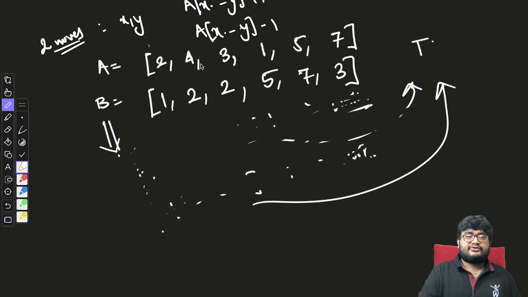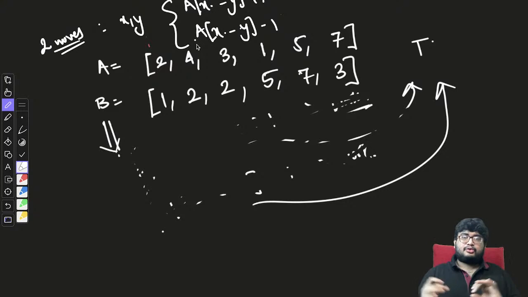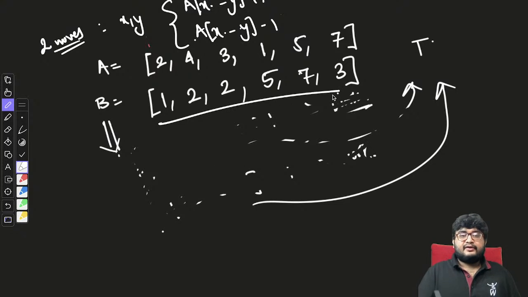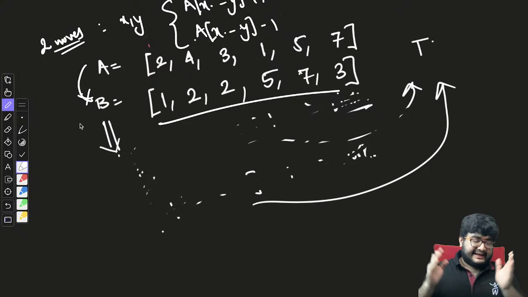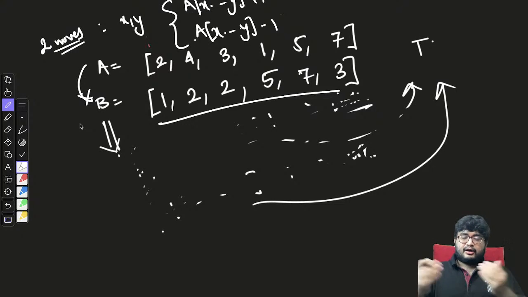We have these two moves. Whenever you have two arrays and you are allowed to make moves in both of the arrays, fix one of the arrays and make the reverse move in the second array, that will be equivalent. So one of the arrays is fixed, at least one of the work is done. That is, we know what the final values are that we want. We want to make array A into array B, and we have these types of move. X to Y, we can either increment by 1 or decrement by 1. Okay, that's the first step.